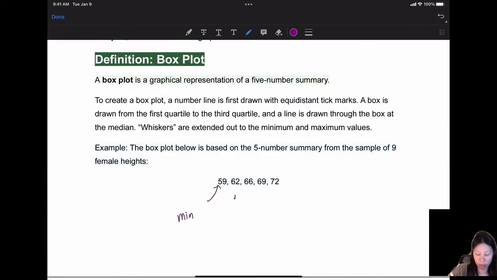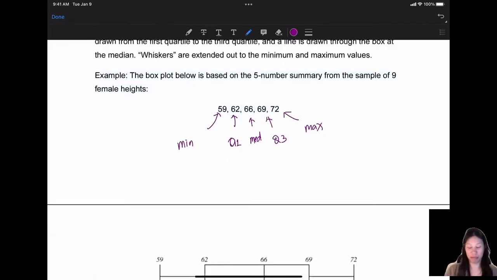This is our minimum, first quartile, median, third quartile, and the maximum. First, draw the equal distance tick marks. The box is drawn from the first quartile to the third quartile, and a line is drawn through the box as the median. Whiskers are extending out to the minimum and the maximum.